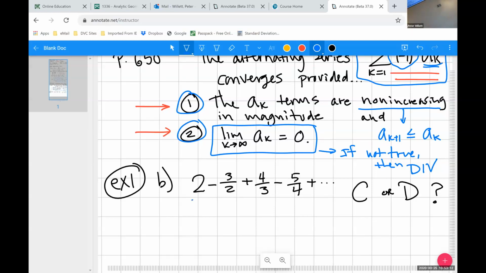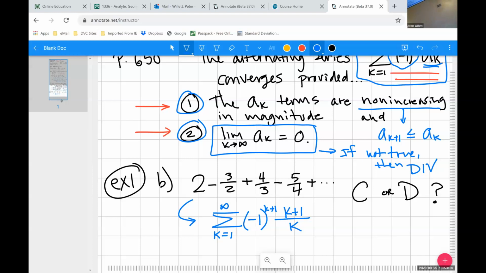So that means that we can write this as the summation as k goes from 1 to infinity. Now to make it alternate, I'm going to put a -1 to the k plus 1 power. That's going to make it start with a positive term and alternate in sign. But then after that, you have k plus 1 over k.